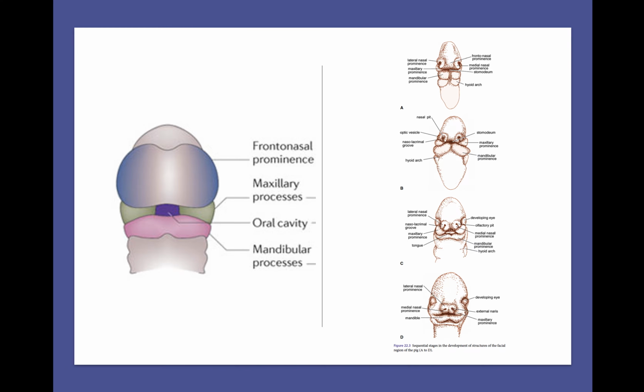So we have the nasal placode and the lens placode, which are ectodermal thickenings. The nasal placode will result in the formation of the nasal cavity, whereas the lens placode will result in the formation of the lens of the future eye.